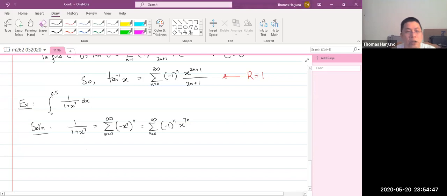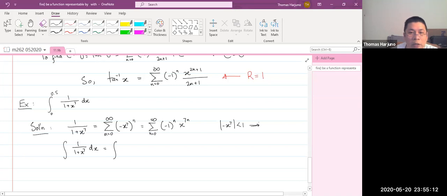Such that the integral of this function is representable with, of course, I need to say what the radius of convergence is. Well, negative x to the 7 has to be less than 1, right? When you solve that, absolute of negative is absolute of positive, and the 7th root of 1 is still 1.